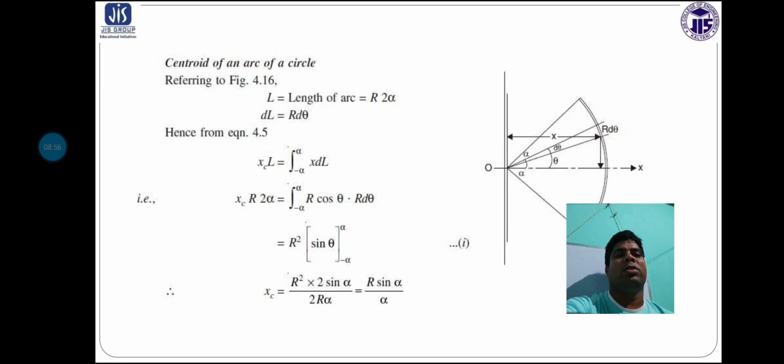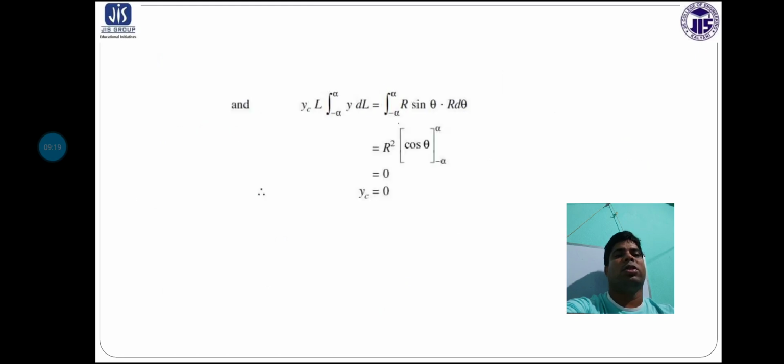Taking r as a constant, r square times the integration of cos theta, and after putting all the values we get r sin alpha by alpha, that is the value of the x coordinate of the centroid or center of gravity.